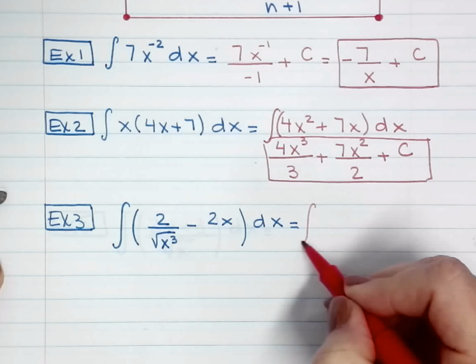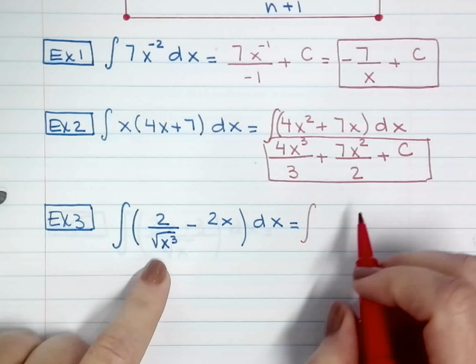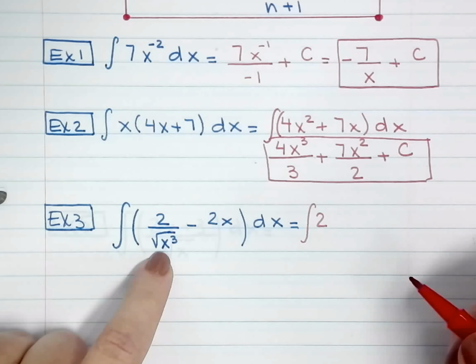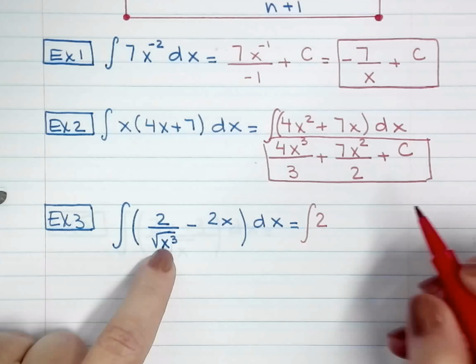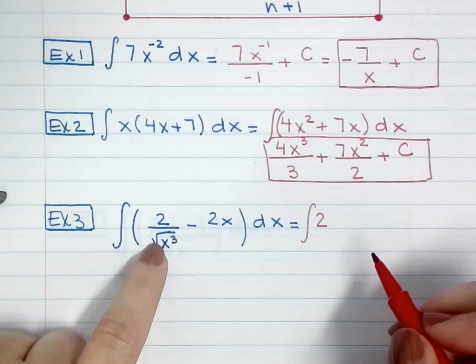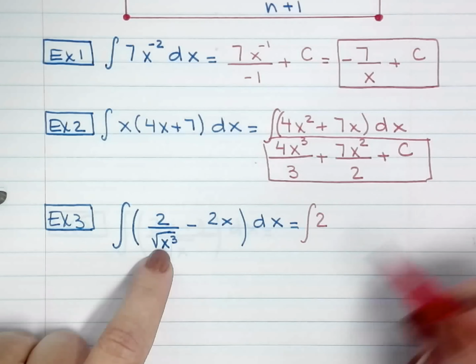So we will find the integral with respect to x. So I have 2. And remember, square root of x cubed is the same thing as 3 over 2. But because it's in the denominator, I'm going to make that negative. So x to the negative 3 over 2. So I rewrote this right there. So minus 2x.